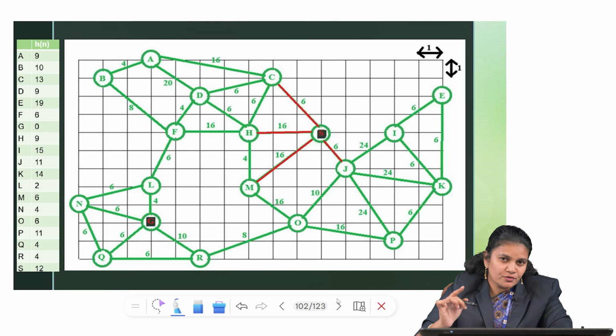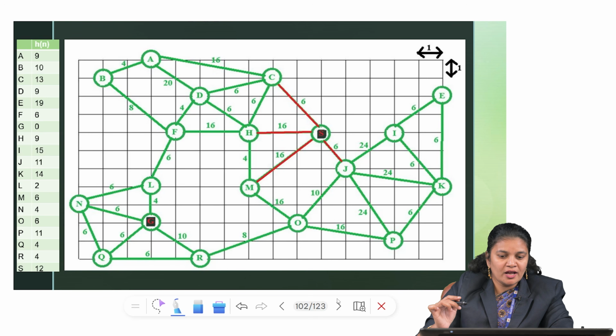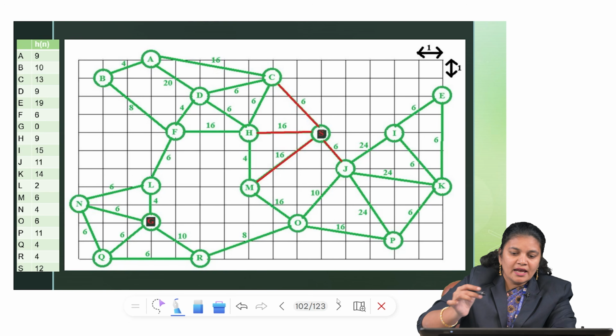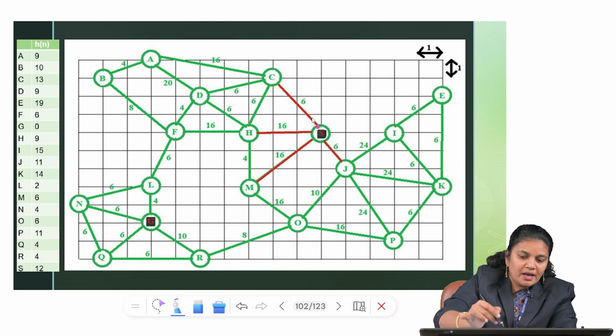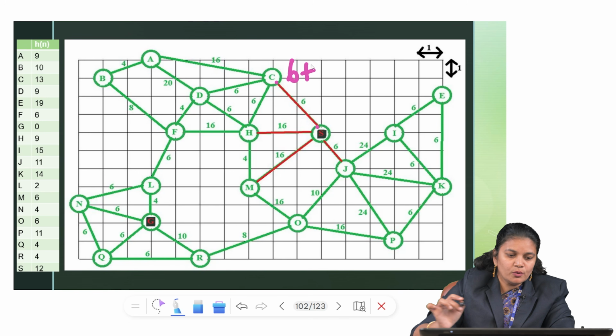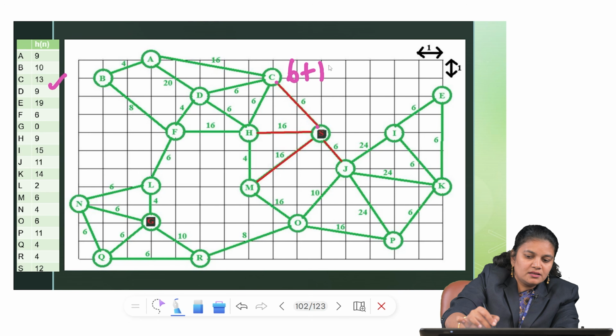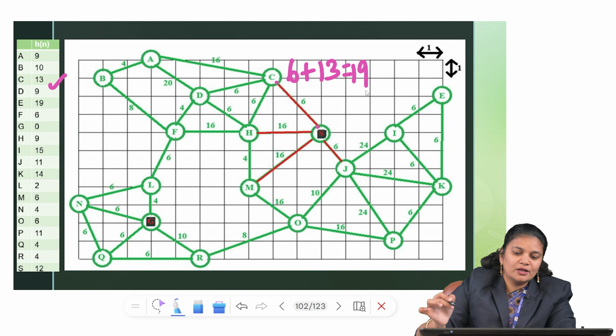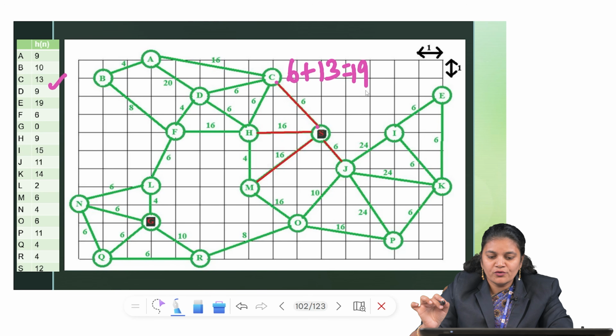But in this case, we should find out the minimum f of n value. So what is the f of n value of C? How can we calculate that? The distance from S to C is the g of n for that node, so 6, plus the heuristic value of C, which is 13. This is how we have to calculate the f of n value for each node.